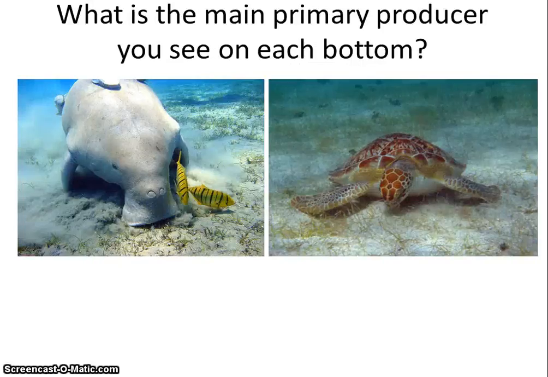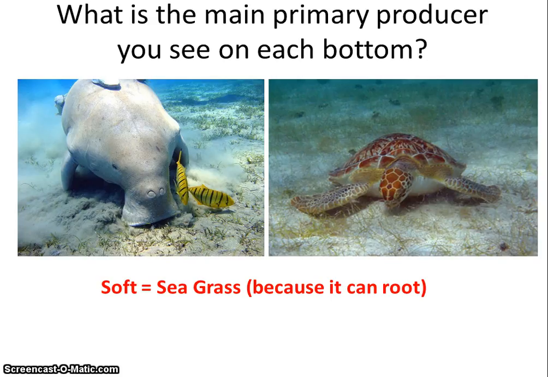On a soft bottom continental shelf community, you see lots and lots of seagrass. Why? Because seagrass is a true marine plant. It can root in the soft sediment. You don't see any marine algae, kelp, seaweed at all. Because if you remember, those organisms, kelp and seaweed, do not have roots.